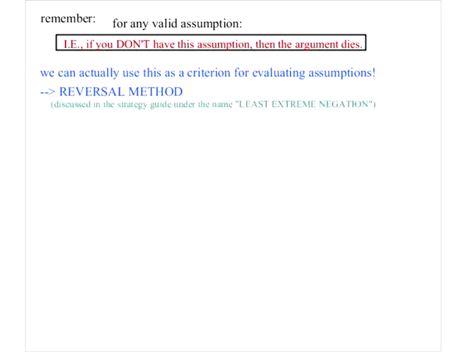The way this works is you use this fact to go through your potential assumptions and evaluate them.